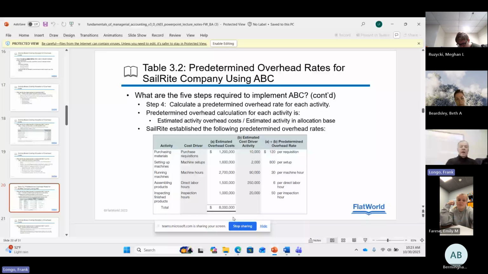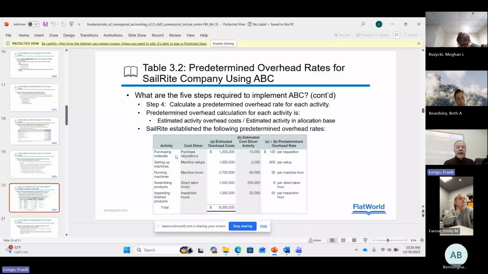So what that's related to is all of the overhead activities, the activities that go on in that warehouse that go into making the product, but they're not direct. So they include purchasing, setting up machines, running them, assembling products, and inspecting the products. So we've estimated that the cost for those 5 activities total $8 million.